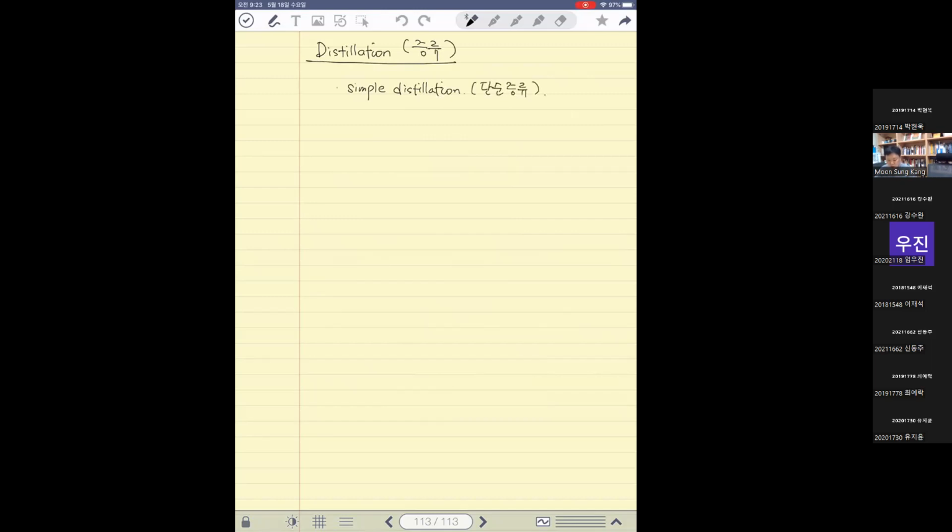In simple distillation, typically, let's say you have a volatile liquid and a non-volatile solute. And let's say I want to separate these from each other. A good example is water with salt added. And let's say I want to collect H2O.